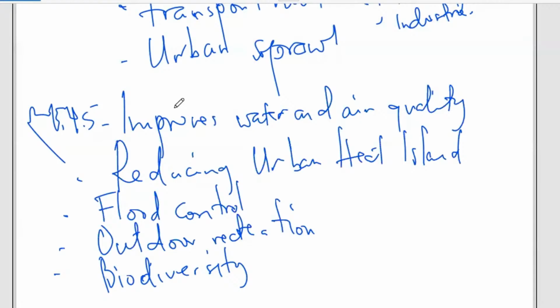Why is the location of the low income residential area an advantage and a disadvantage for residents of this area? Let's try to analyze and see.